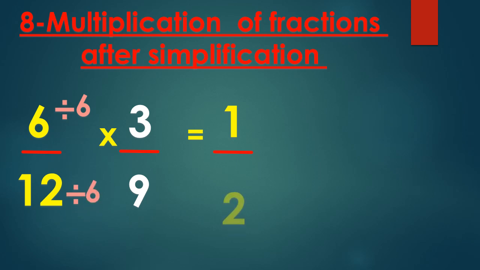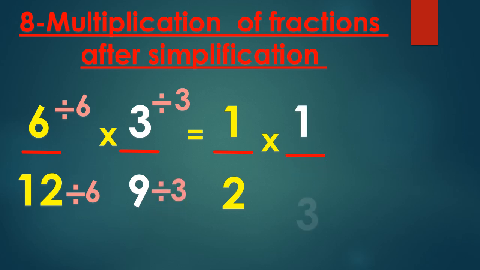Then the 3 and the 9 both are in the times table of 3, so we simplify them by dividing by 3. 3 divided by 3 is 1, 9 divided by 3 is 3. The two new fractions are 1 over 2 times 1 over 3. We multiply the numerators. 1 times 1 equals 1, and then the denominators. 2 times 3 equals 6. The final answer is 1 over 6.